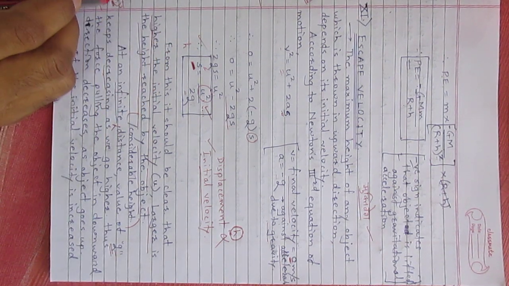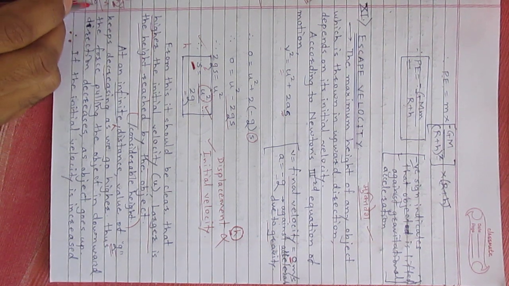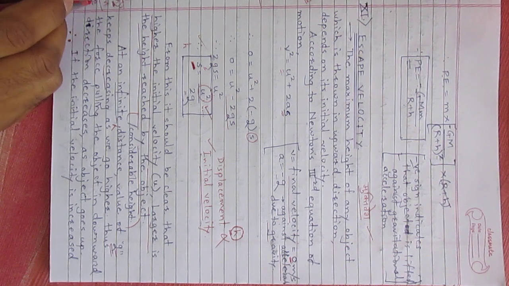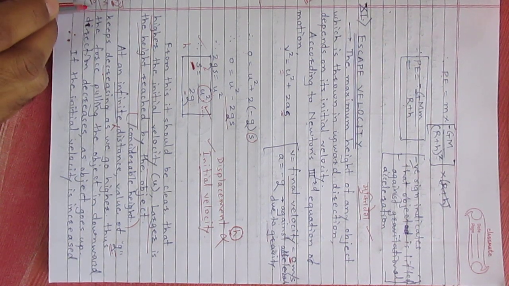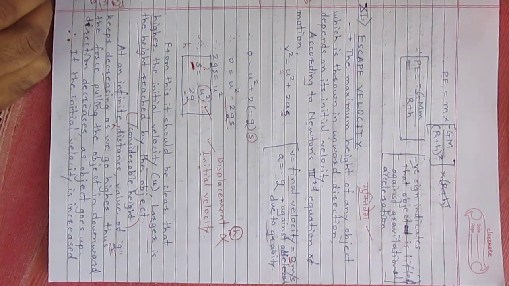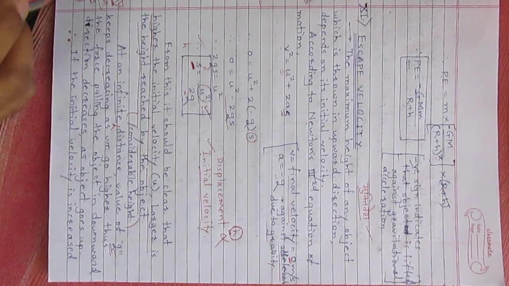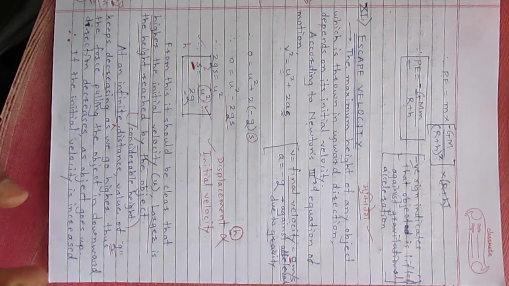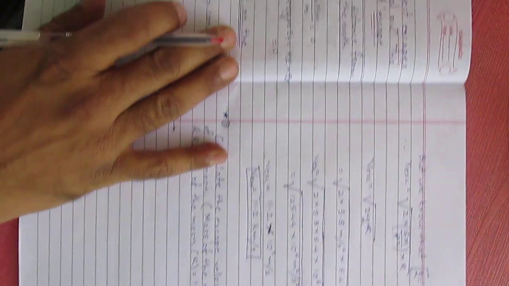And suppose h is a very large value, then the denominator will be an infinite value. Anything which is divided by an infinite value will come to 0. Therefore, finally at some stage, g will be totally 0. Acceleration due to gravity will be totally 0.